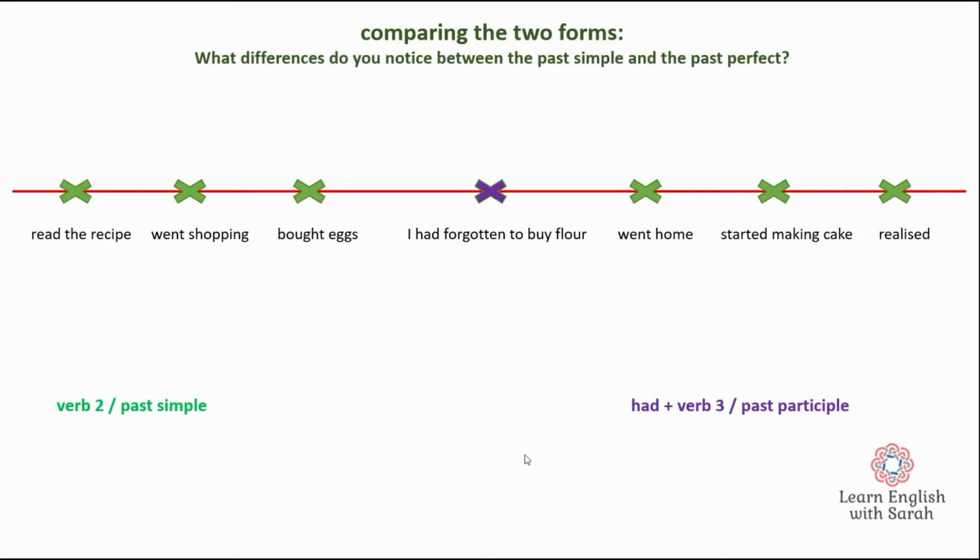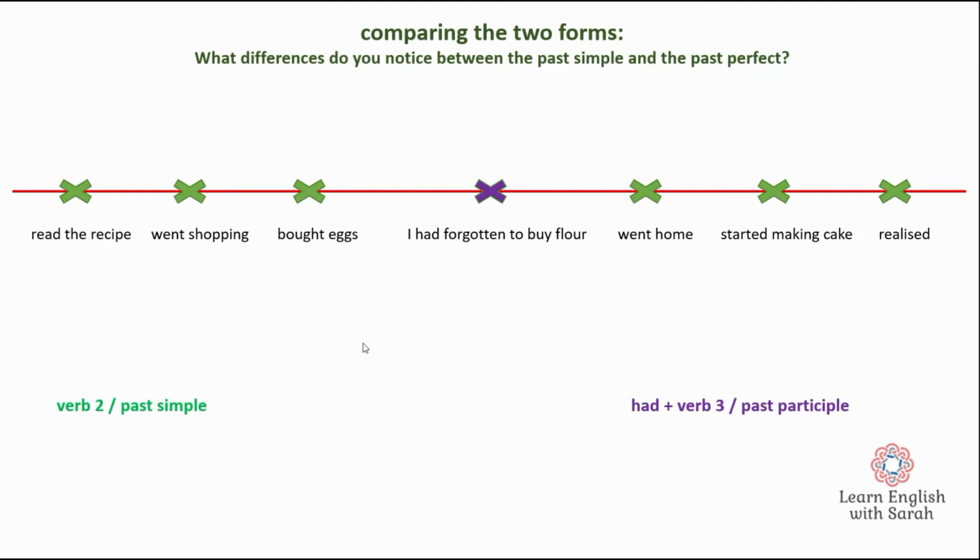What about the past perfect? Well, here we've got two verbs. So we've got had, which tells us it's perfect, and then you need to have verb 3, or the past participle, for your main verb.